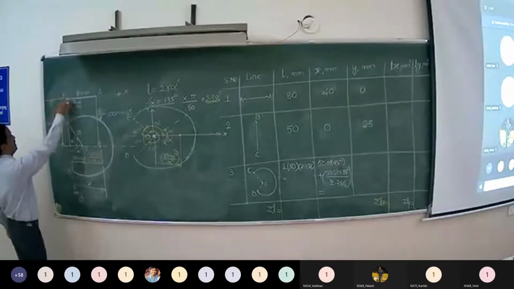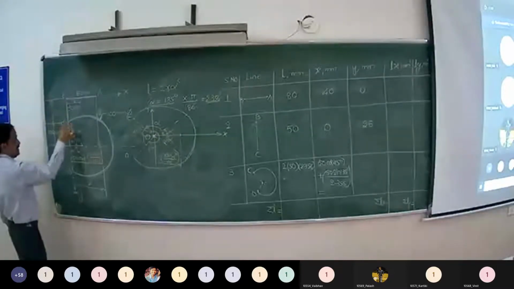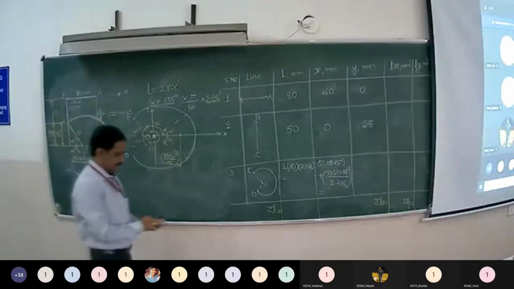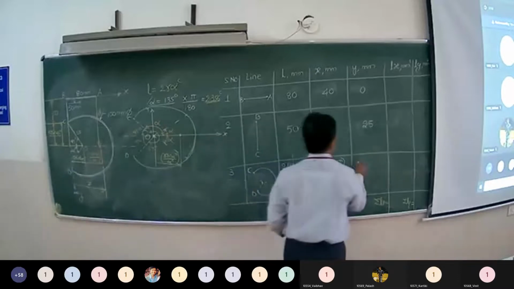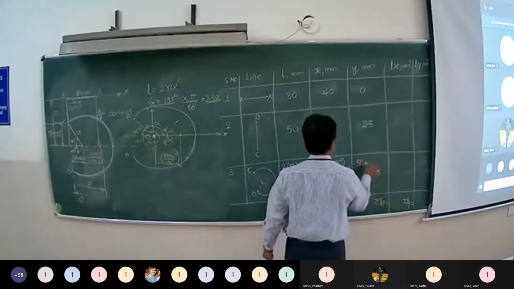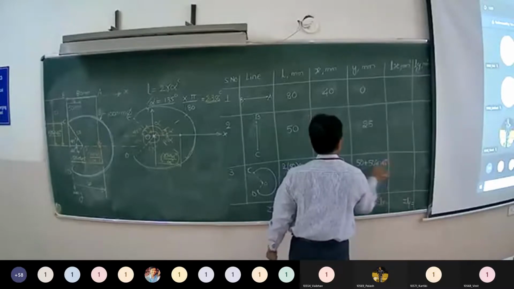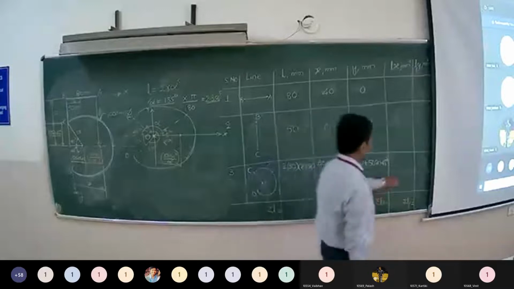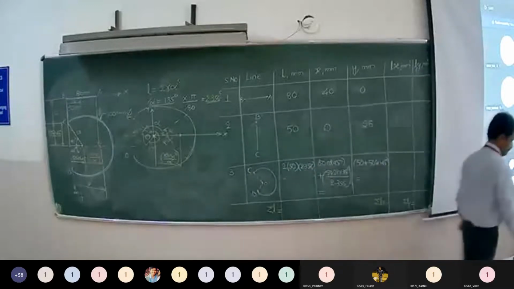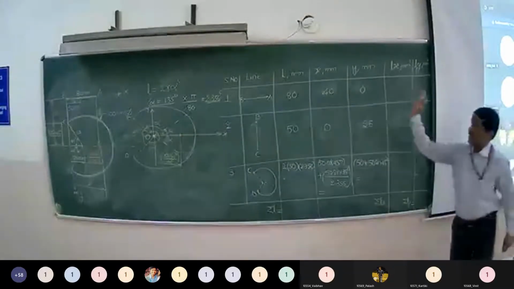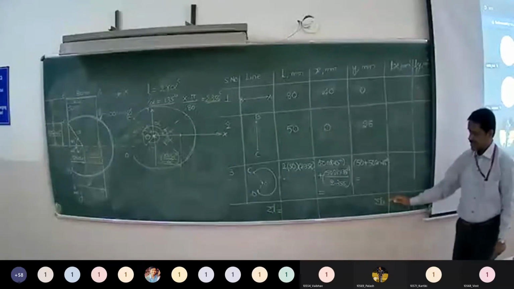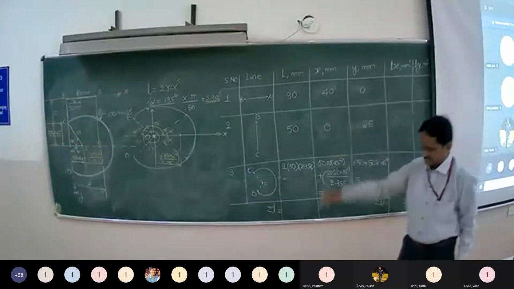We know that BC is 50 and this remaining distance is 50 sine 45. So it is 50 plus 50 sine 45. Do the calculations. Multiplication, summation, and then division.